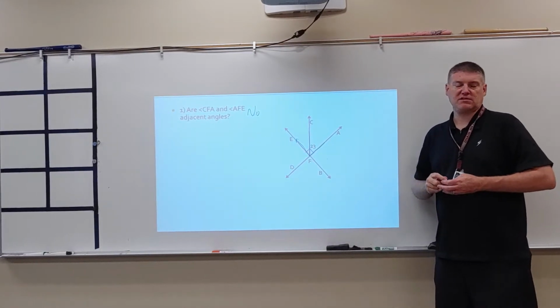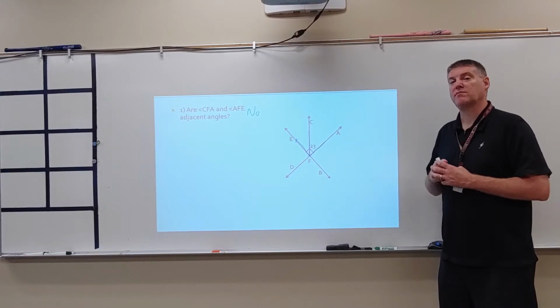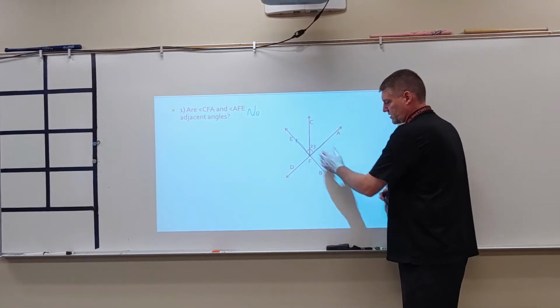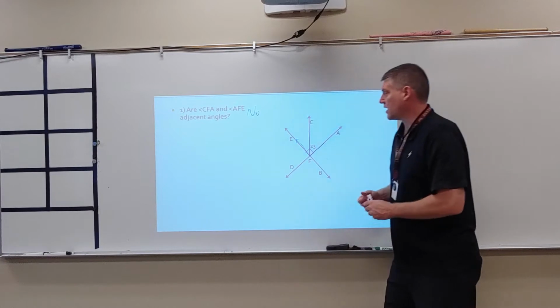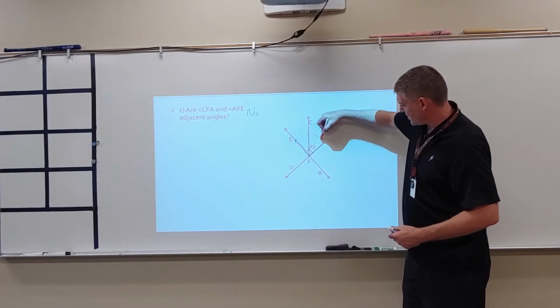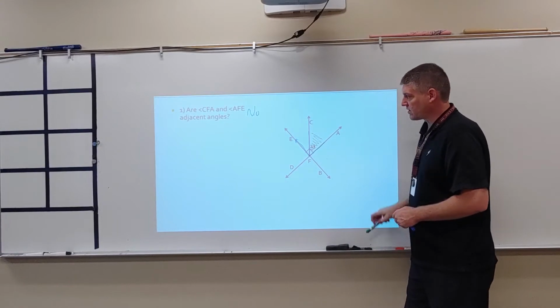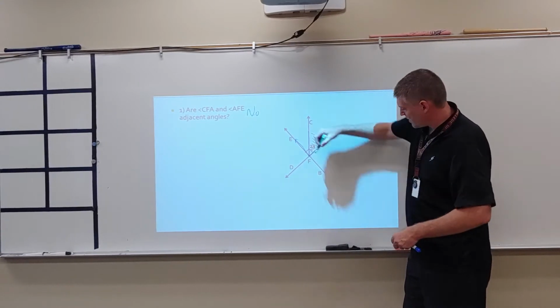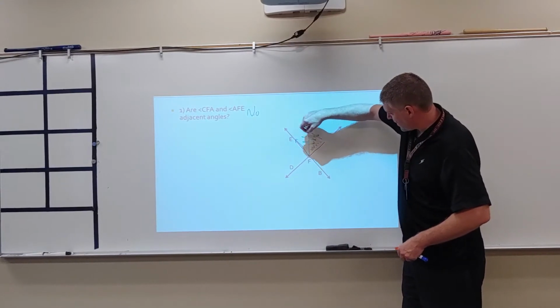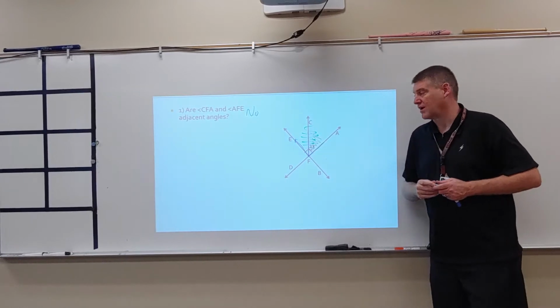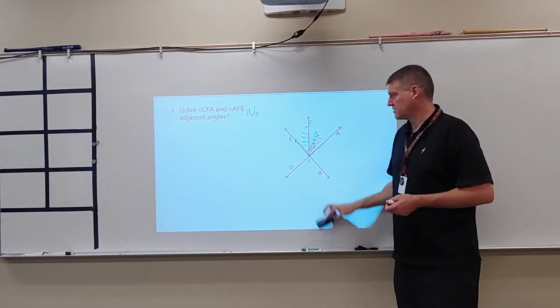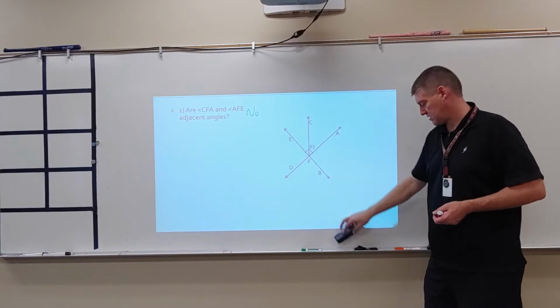Remember, adjacent means they can't have any common interior points. If I look at this angle here, CFA is that angle right there. If I look at angle AFE, it's this whole angle. Do I have any overlap of color? Yes, so that means they are not adjacent.